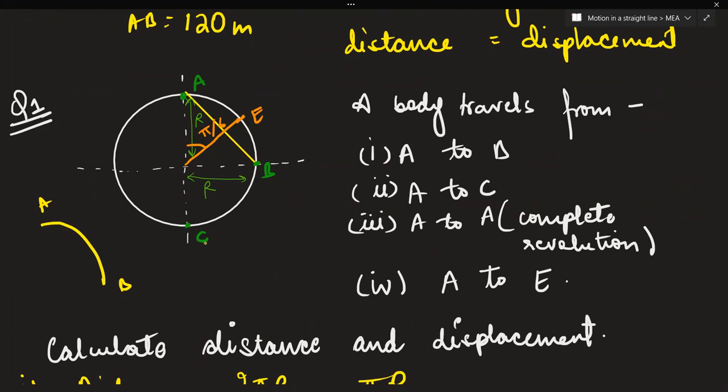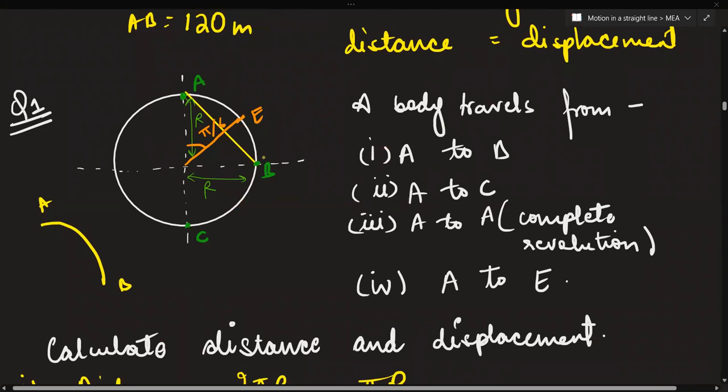Now see, a body travels from A to B. If I talk about distance, I will see this curved path that is occurring. That is the distance, this entire curved path.